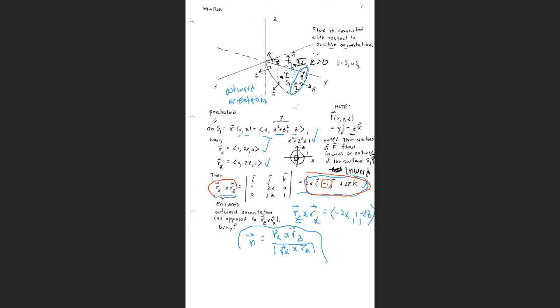The direction of the normal unit vectors is determined by the cross product of those derivative vectors in that order, r sub x cross r sub z, and you get a negative 1 in front of j.